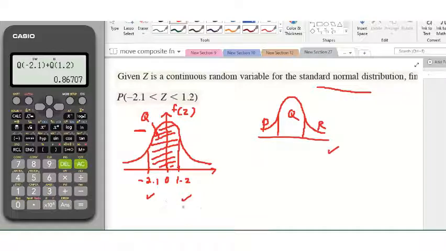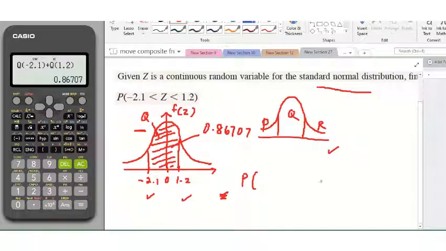The answer will give you the shaded region 0.86707. So the probability of normal distribution Z between negative 2.1 and 1.2 is equal to 0.86707.